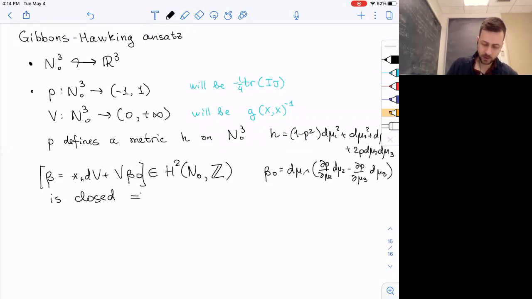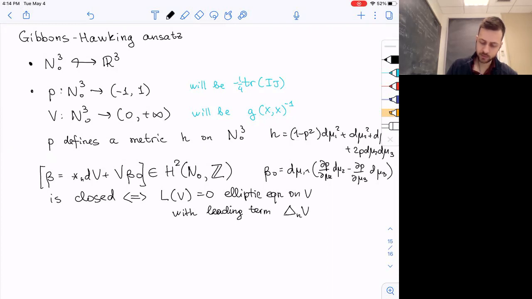This being closed is equivalent to an elliptic equation on V with the leading term Laplace_H V. So it's very similar to the classical Gibbons-Hawking ansatz for hyperkähler structures, but there are extra features and maybe extra difficulties.